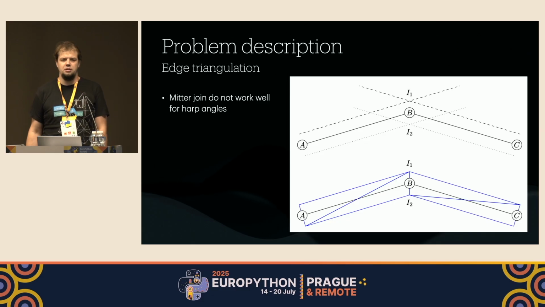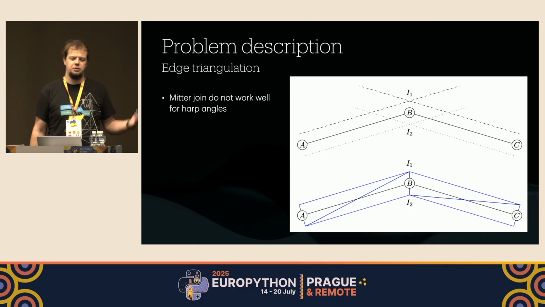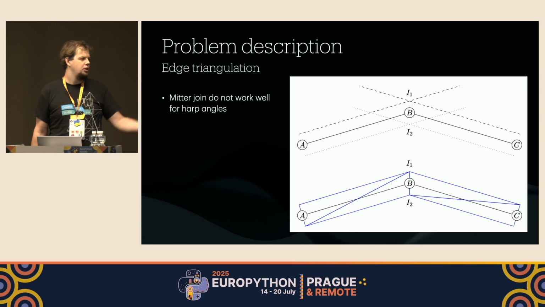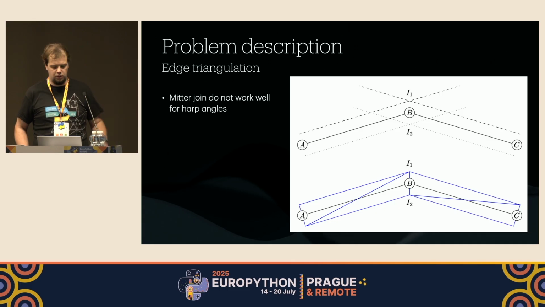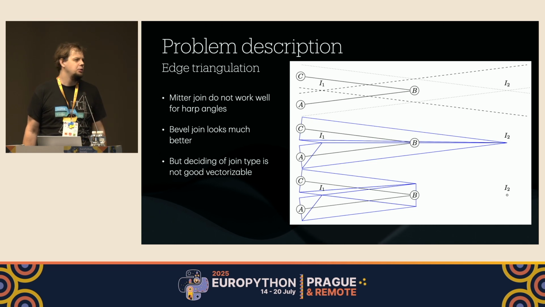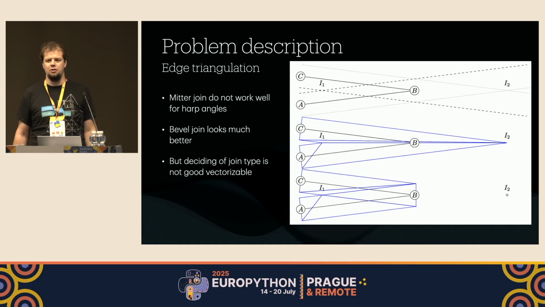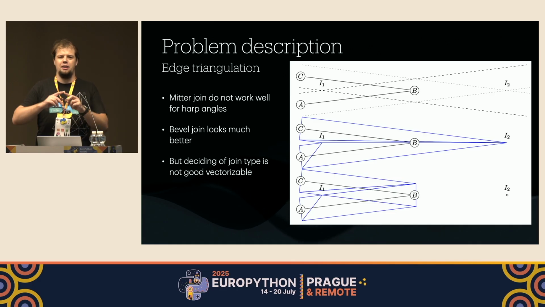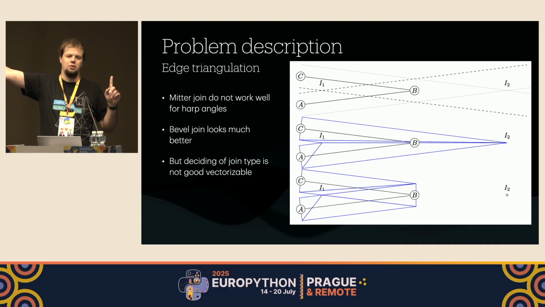The second problem is, okay, how to represent edges. So this is the miter join. This is the most popular. It looks quite nice. But there's a problem when you have a sharp angle. When you have a sharp angle, you see in this second example, it is very, very long. Sometimes users come to us saying they have a spike the length of the whole shape.